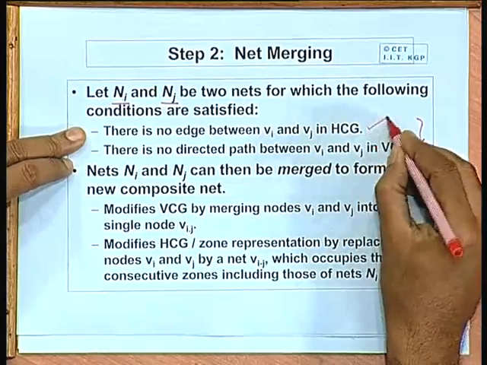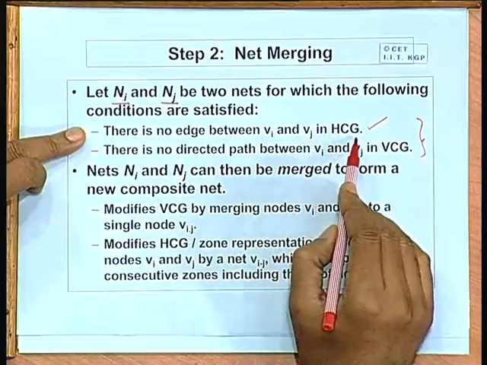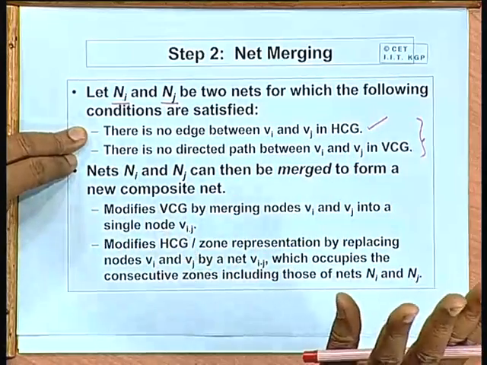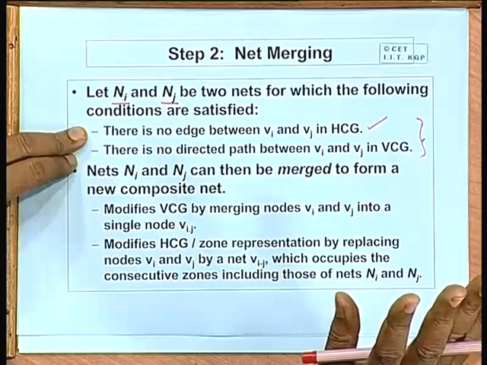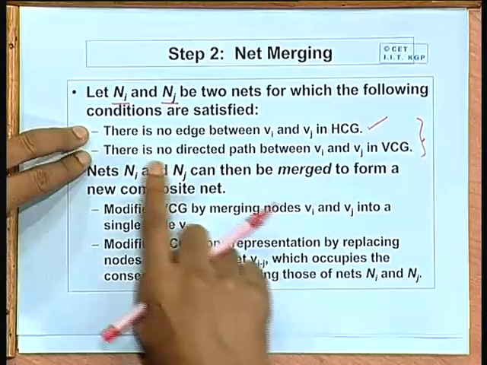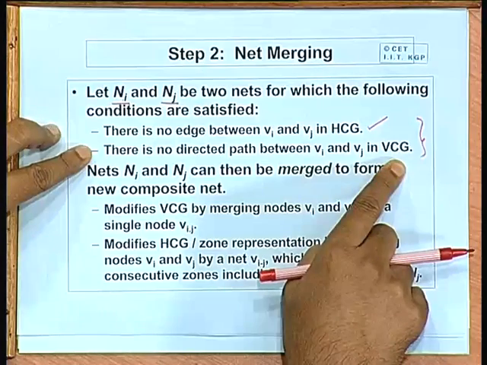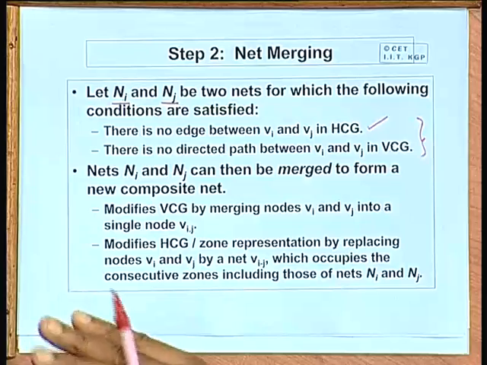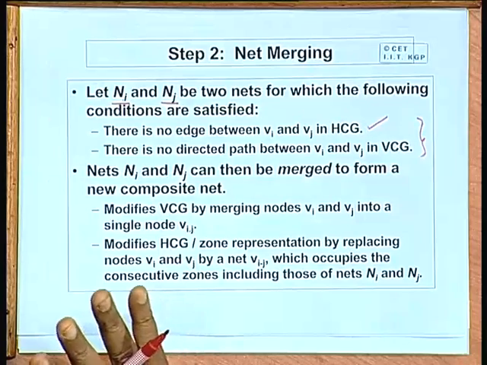There is no conflict between them in terms of HCG, which means they do not belong to the same zone. Okay. Secondly, there is no directed path between them in the VCG, because in the vertical constraint graph, if there is a directed path, which means that one has to be placed above the other. So, there is a constraint.